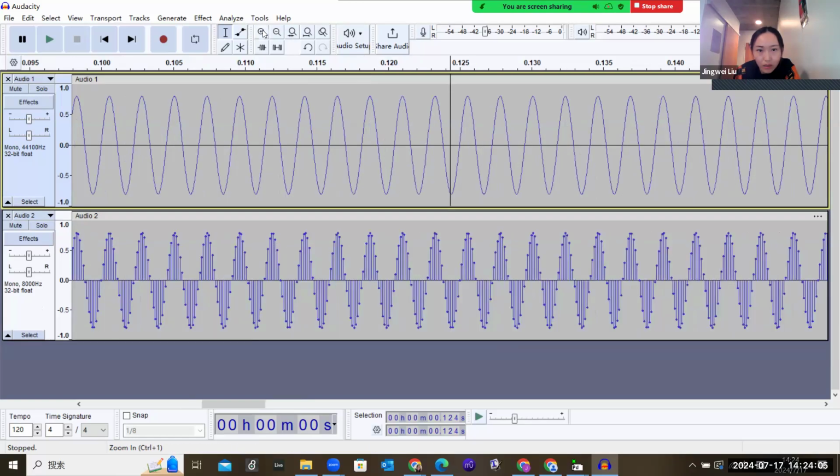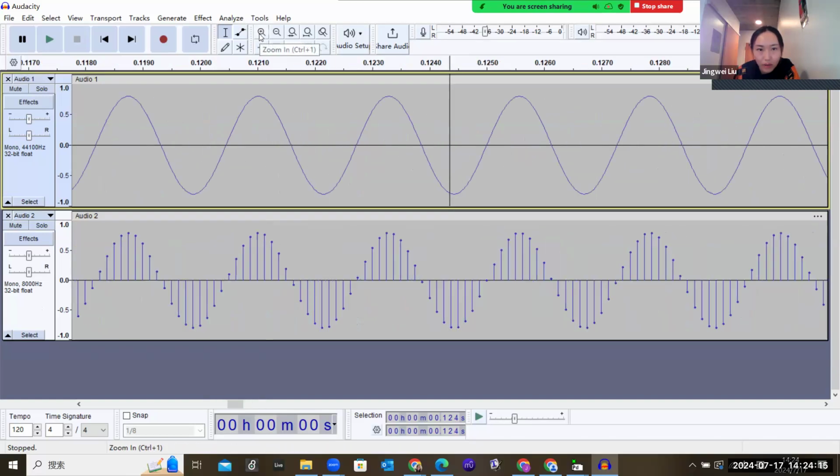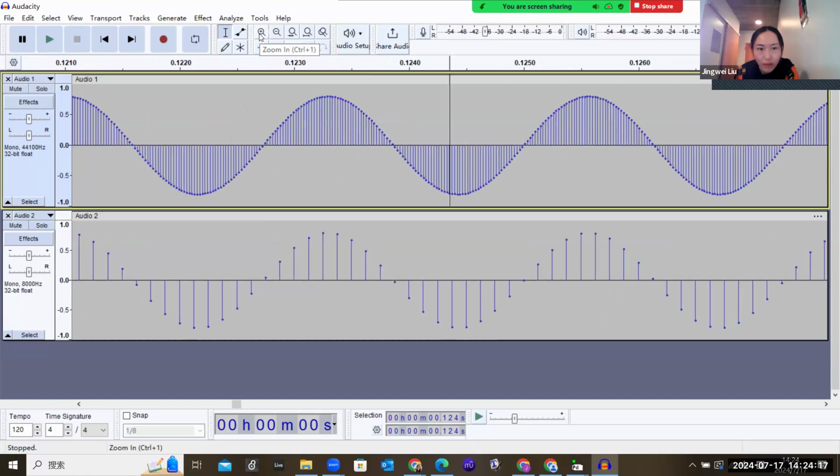Let me zoom in. When we zoom in, it is still somehow continuous, but here you can already see the sampling points. What if I zoom in more? Here you can see they are of the same period. This is one cycle, and obviously in the higher sampling rate there are more points, but in the lower sampling rate the points are very, very sparse.